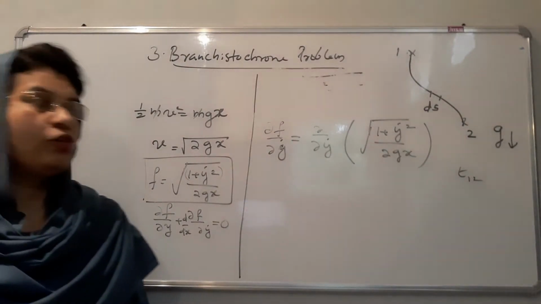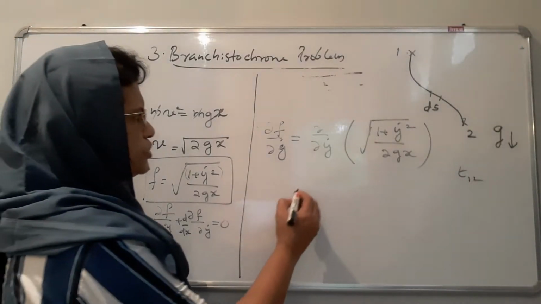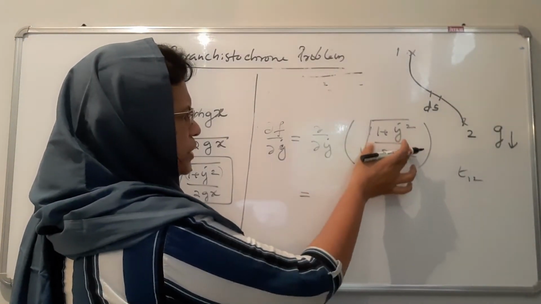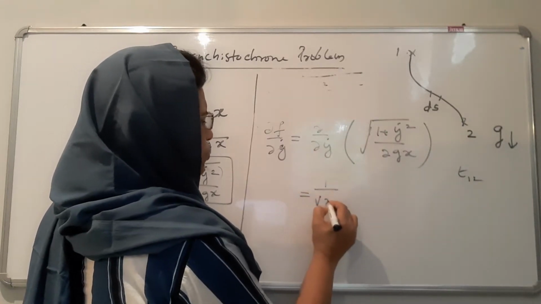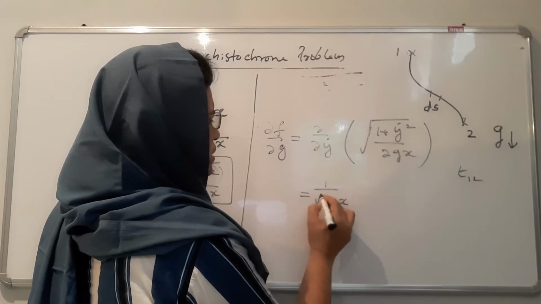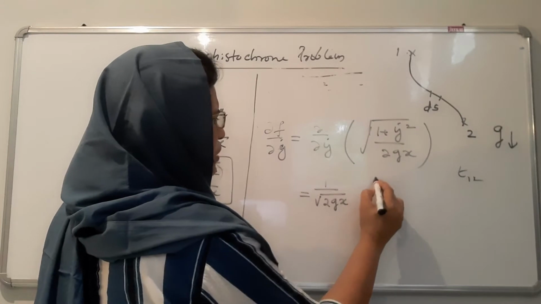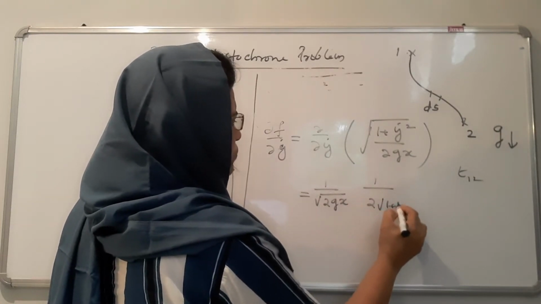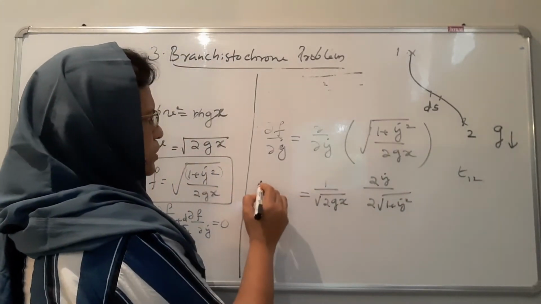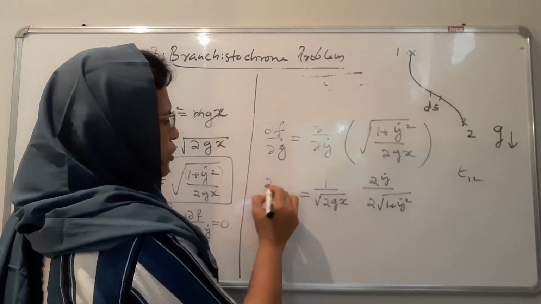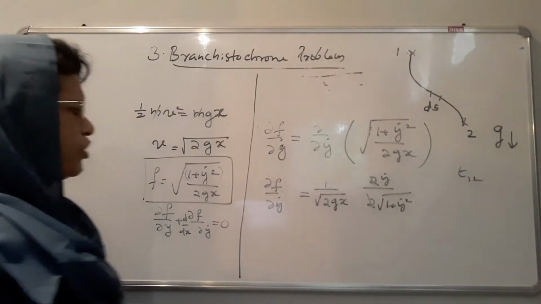The denominator is a constant with respect to y dot, therefore we can write 1 by root 2gx, then the differential of this one is 1 by 2 root 1 plus y dot square into 2 y dot. The 2 and 2 get cancelled. This is dou f by dou y dot.